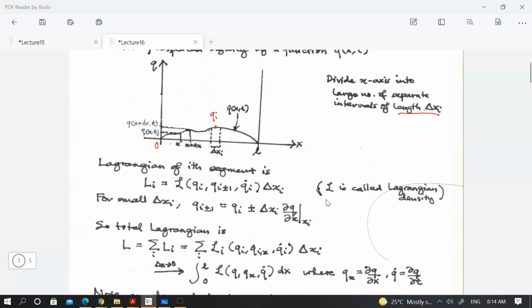So for the ith segment you talk about the ith Lagrangian, which corresponds to some function which depends on the coordinates of that interval, plus there will be dependence on how each individual particle moves along the string. So there will be dependence on the segment one before, q_{i-1}, and the segment after it, q_{i+1}.